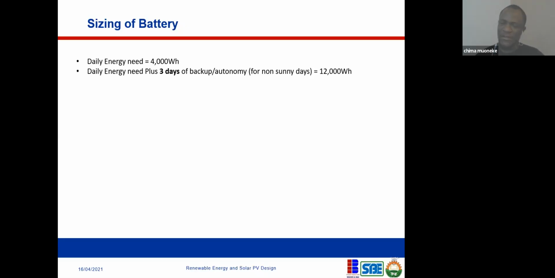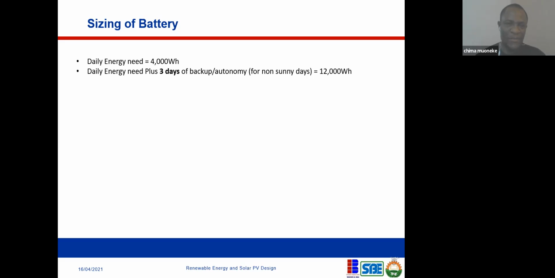You could have rain all through the day, and in those cases, your solar panel might not be able to generate power to charge your batteries. So when you're designing, there's what we call days of autonomy. Those are the days where you don't have any sunshine. Sometimes you have to ask your clients how many days of autonomy he or she requires.